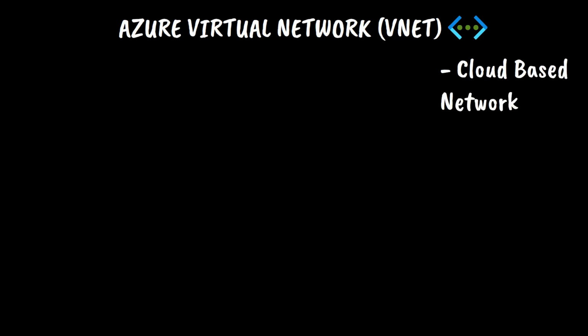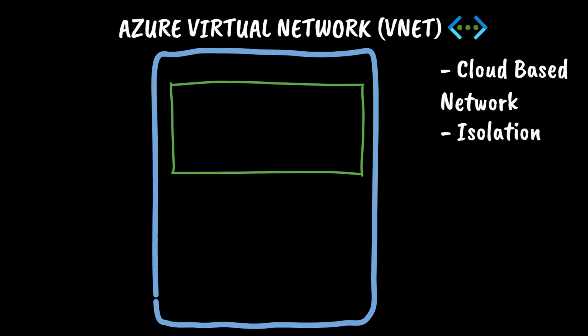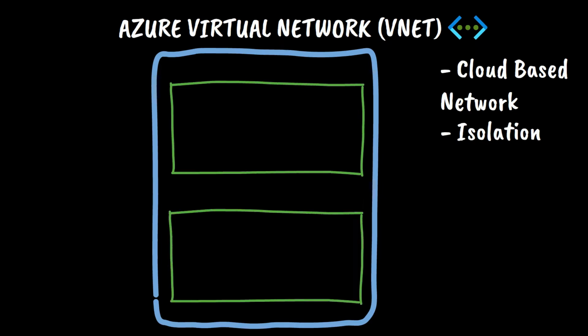Let's start with the very basics of Azure networking. Azure Virtual Network is a cloud based network environment in Microsoft Azure. It allows you to create and manage your own isolated network environment in the cloud. You can further segment your network into one or more subnetworks called subnets and allocate a portion of your virtual network address space to each subnet.